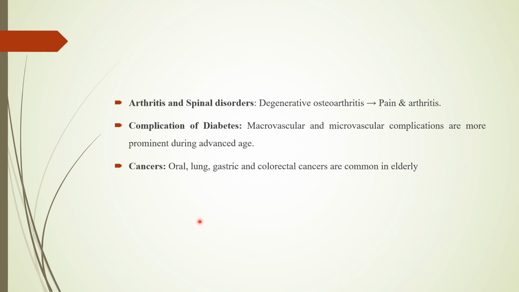Also, complications of chronic diseases like diabetes often appear in the latter part of life. The microvascular and macrovascular complications are more prominent at this advanced stage. Finally, cancers, the oral cancer, lung cancer, gastric and colorectal cancers, are common in the elderly age group.